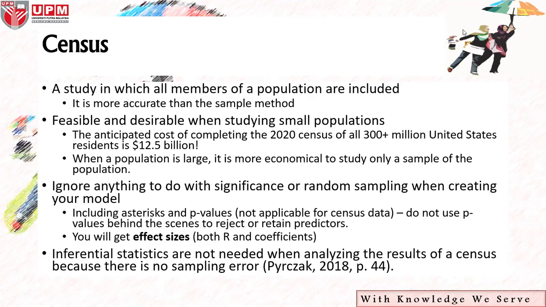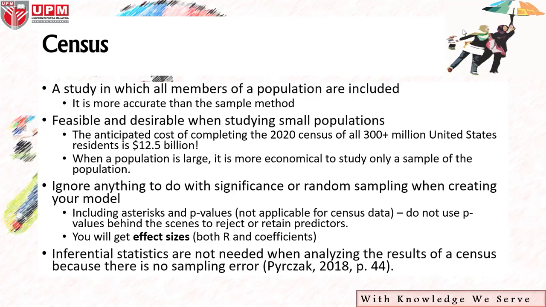Yang penting ingat ni, when you collect data from the whole population, it is not needed for you to use inferential statistics. Apa inferential statistic ni? For example, t-test, one-way ANOVA, two-way ANOVA, multiple linear regression, simple linear regression, itu inferential statistic. Sebab apa kita dah tak pakai? Sebab memang kita dah guna the whole population, dah tak ada error. Di statistik ni sebenarnya kita pakai sebab ada error tu, sampling error.